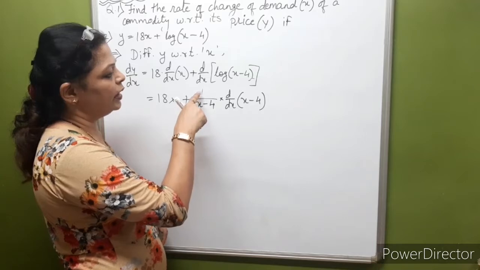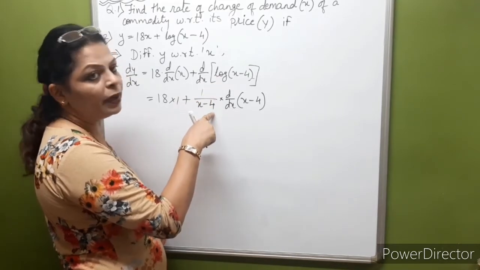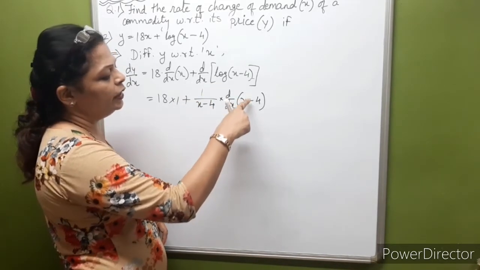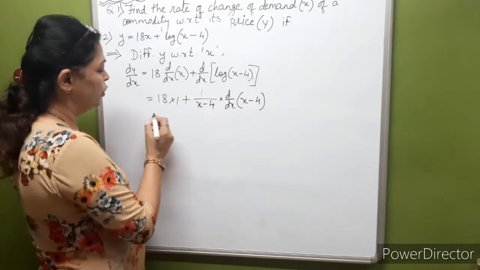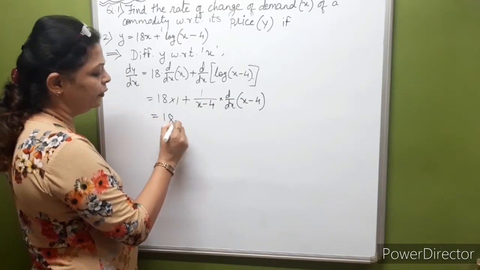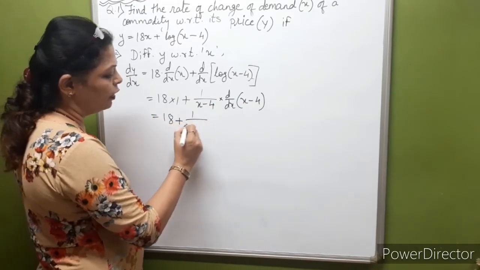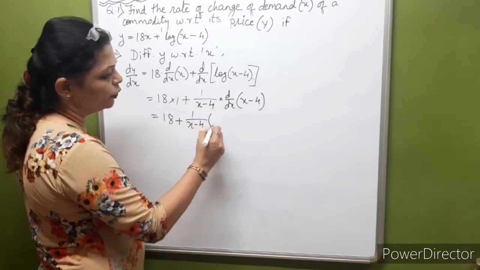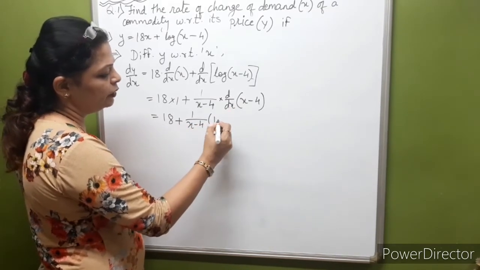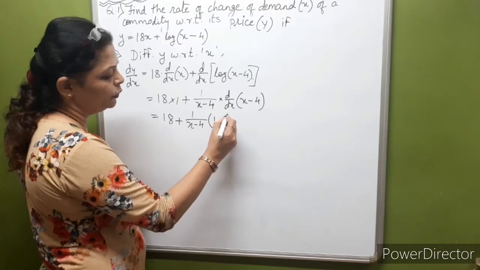So the derivative will be 1 upon x minus 4 into derivative of x minus 4. Getting? First derive the first function dy by du and then du by dx. So you get 18 plus 1 upon x minus 4. Derivative of x is 1, derivative of 4 is 0.